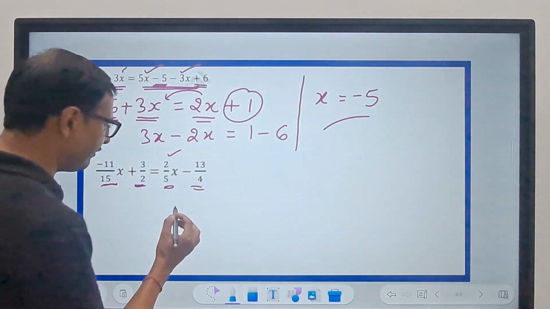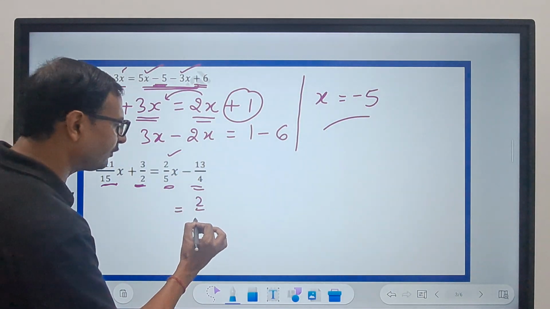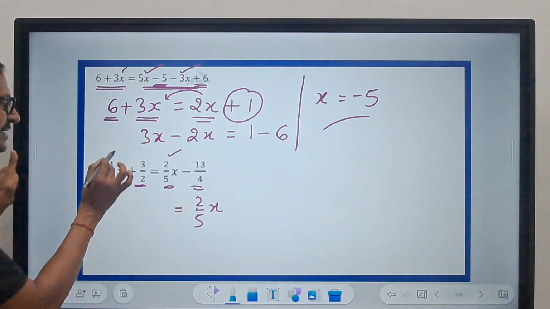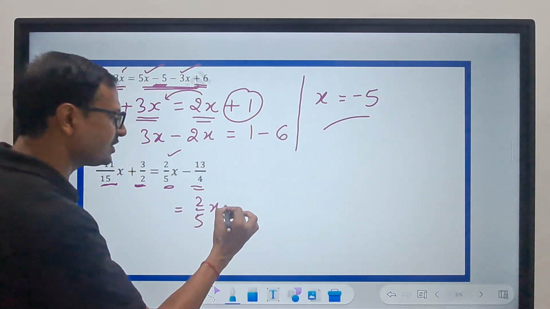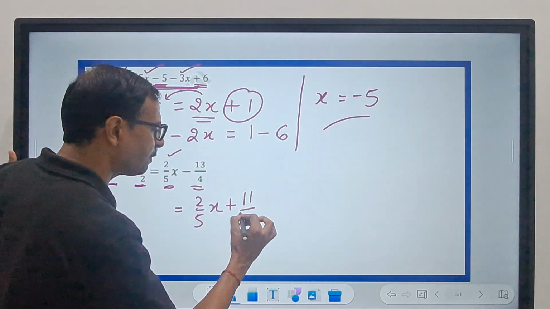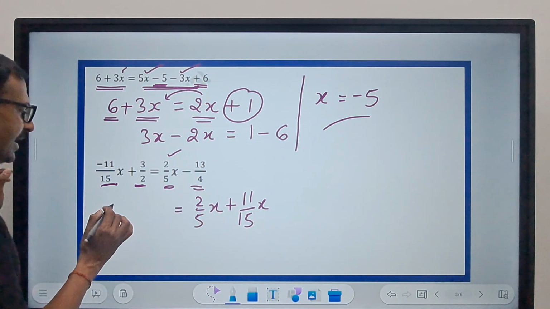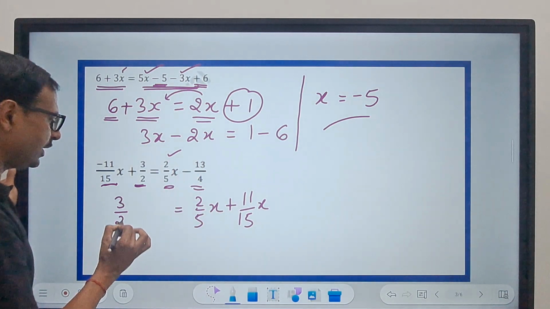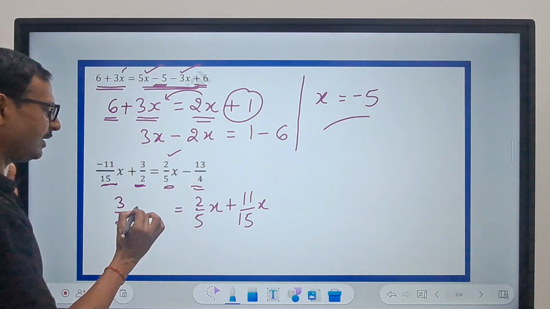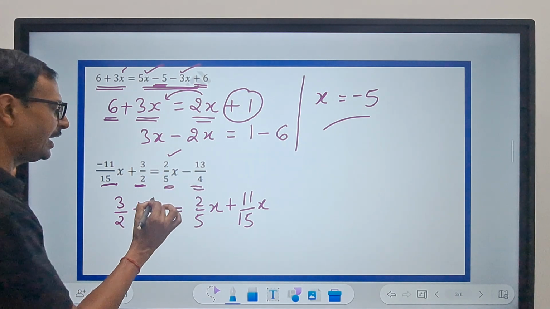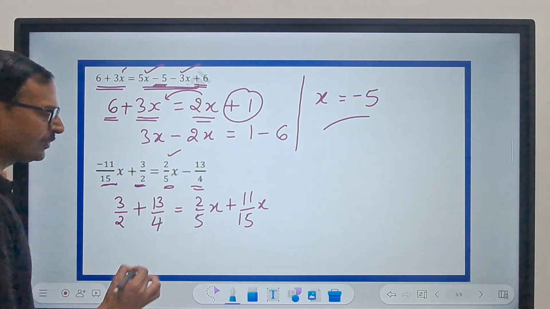So what I will do here is I will keep 2/5 of x here, and this negative 11/15 x will be shifted to here, which becomes plus 11 by 15 x. And on the left hand side I already had 3 by 2, here it is, and minus 13 by 4 is shifted to the left and it becomes plus 13 by 4.